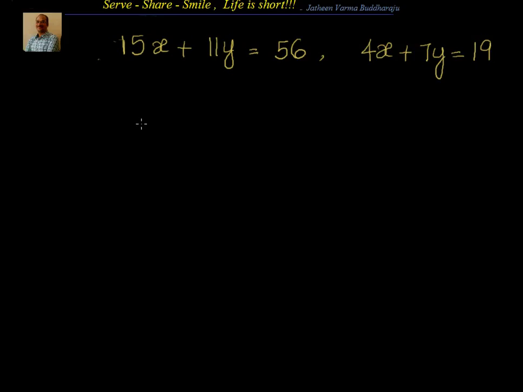As part of the elimination method we have to equate the coefficients of a variable, and as usual we'll go ahead with y. We want to eliminate y. The coefficient in the first equation is 11 and in the second equation it is 7, and the LCM of 11 and 7 is 11 into 7, that's equal to 77.